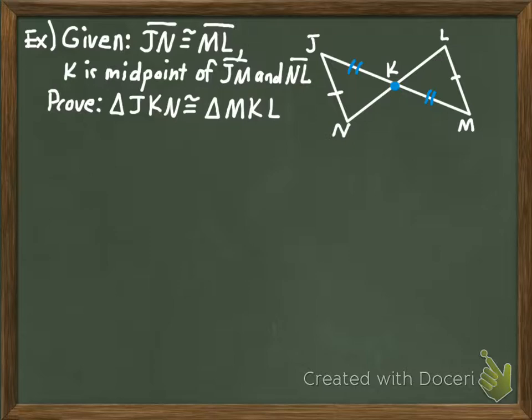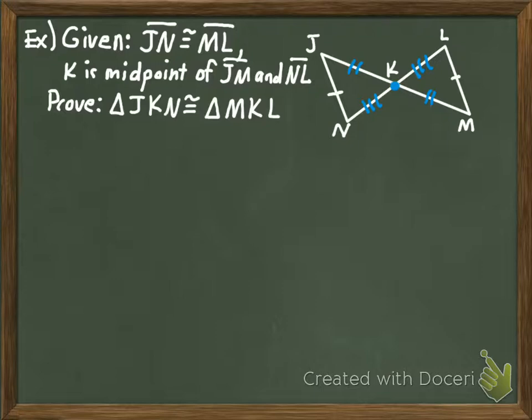And then by the exact same reasoning, since K is the midpoint of segment NL, that would imply that segment NK is congruent to segment LK, because the midpoint divides the segment into two congruent segments. And so you'd be able to show that the three segments of this triangle are congruent to their corresponding sides on this triangle right there. And so by the SSS Congruence Postulate, the triangles are congruent to one another.